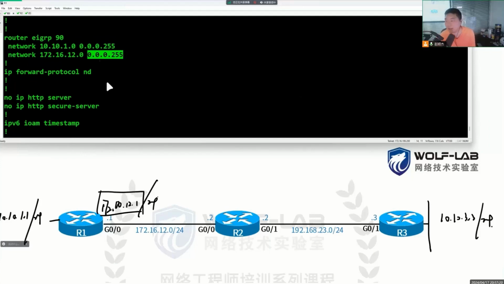It's called 1 turns into 0, 0 turns into 1. It's called 0.0.0.255. It's called inverse mask.